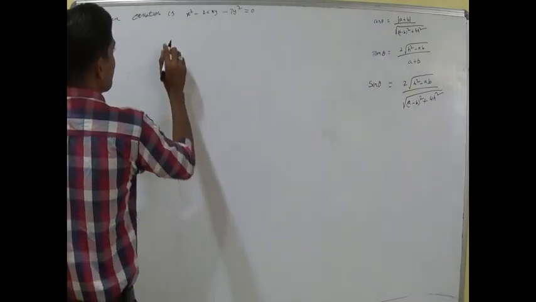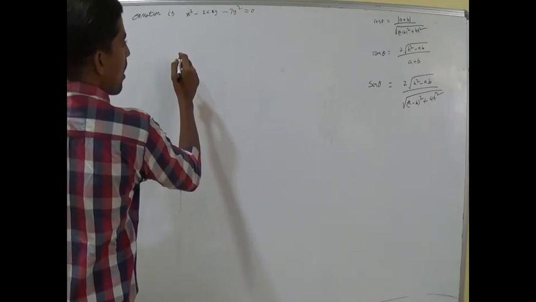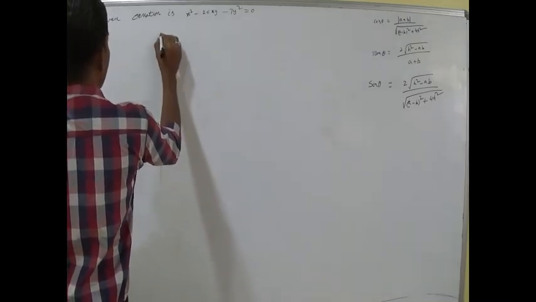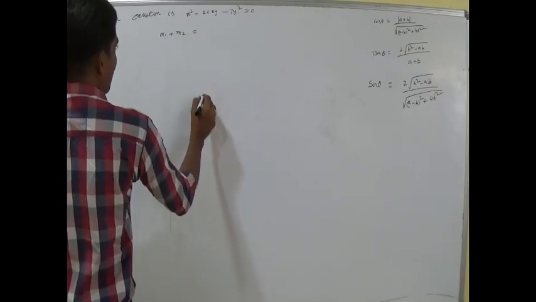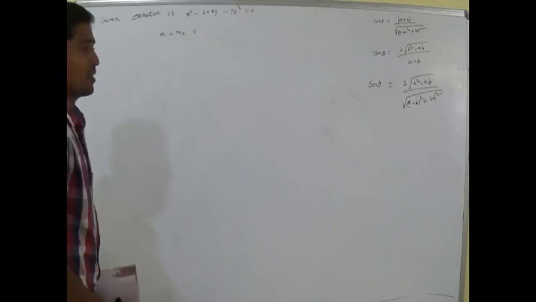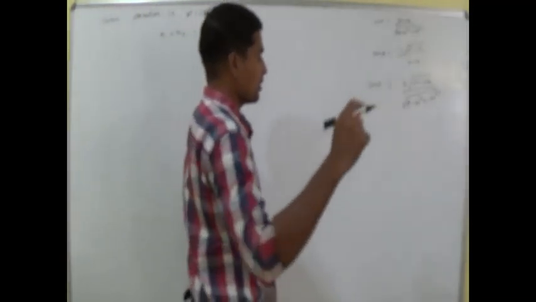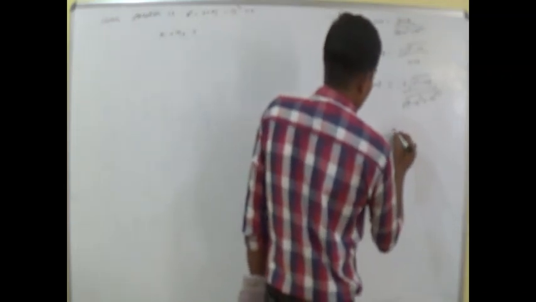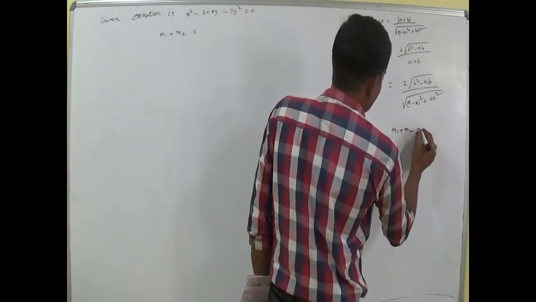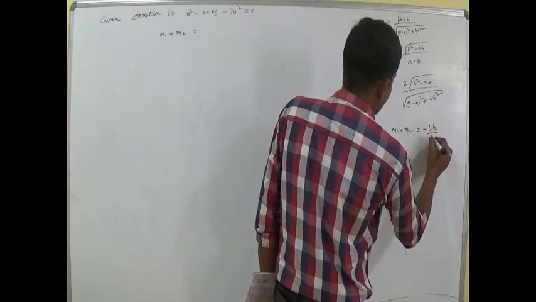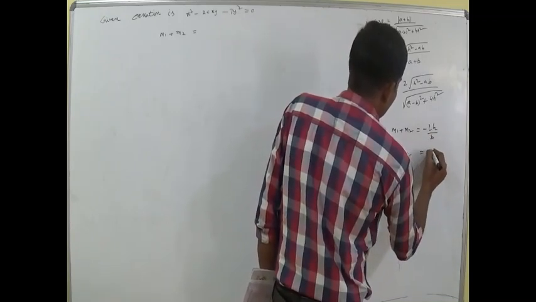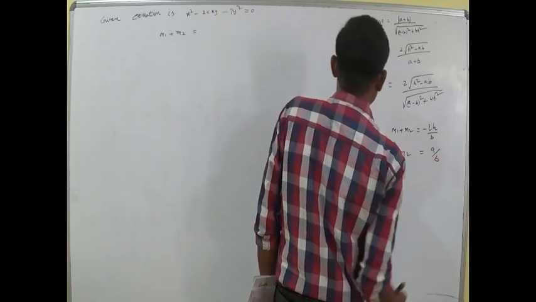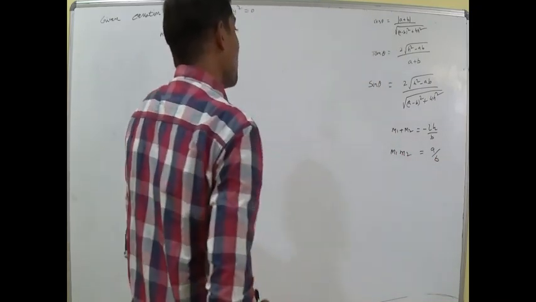Here m1 plus m2, as we discussed just before, equals minus 2h by b, and m1 m2 equals a by b.